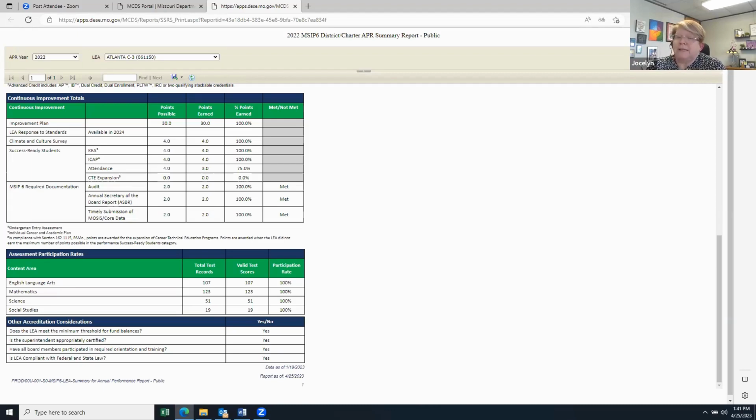The list itself will remain the same. And as we move into year 3, the 23-24 school year, then those will become the required assessments. So for this particular school year's APR, the 22-23 APR, that will remain the same.